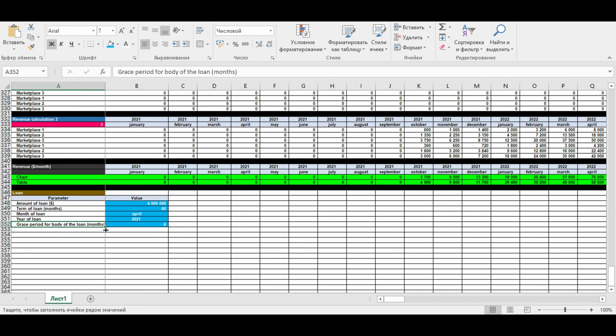And also we can have some grace period for interest payments, for example, a 3 months grace period.